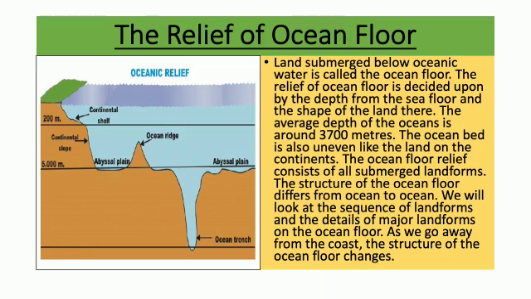All these are different types of submerged landforms, and mainly in this chapter we will come to know in detail about those submerged landforms, and also the importance of those submerged landforms.